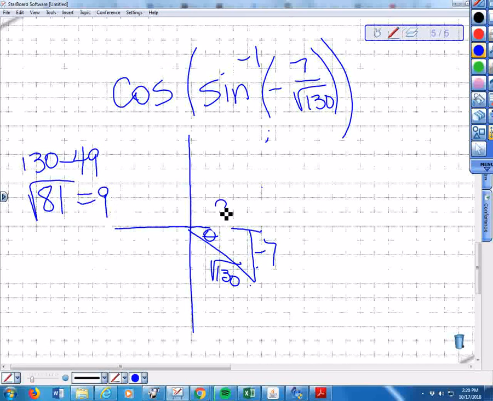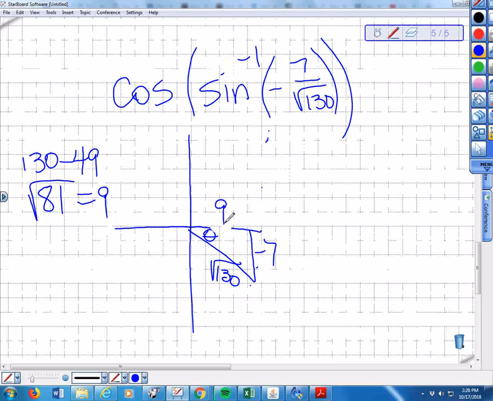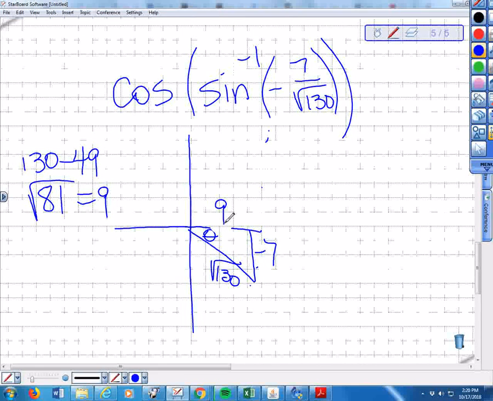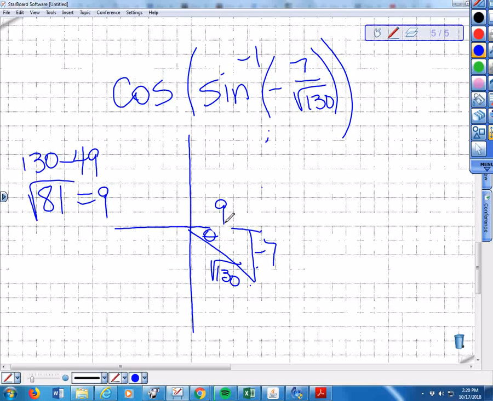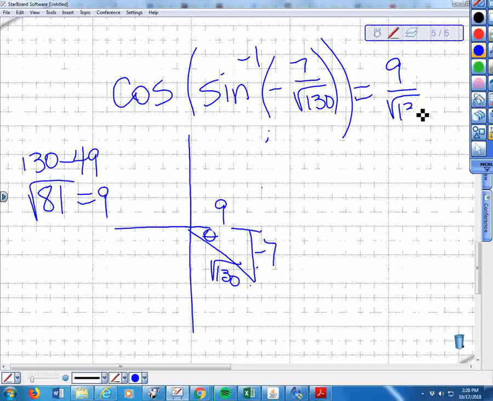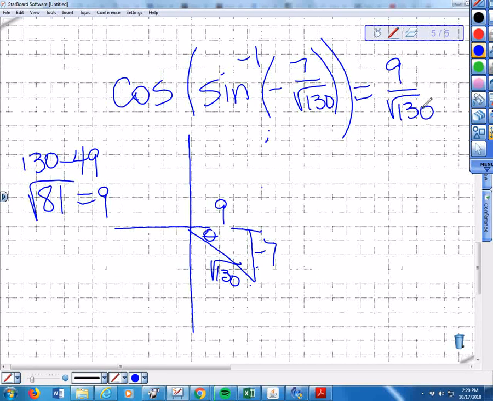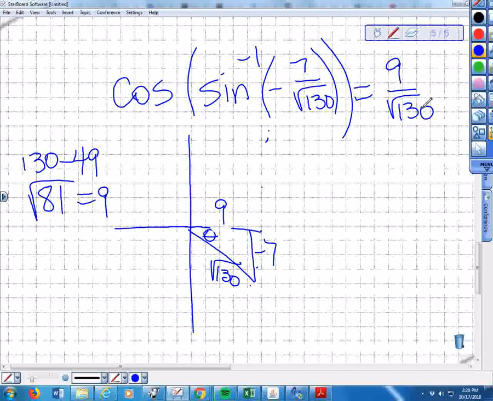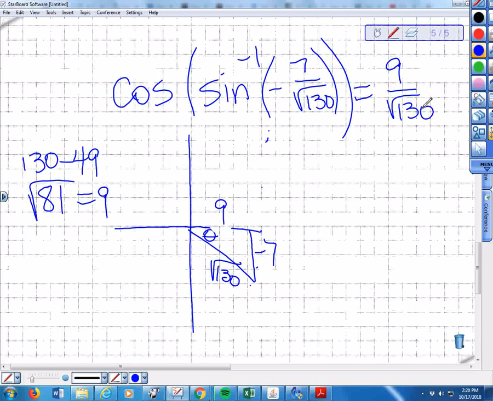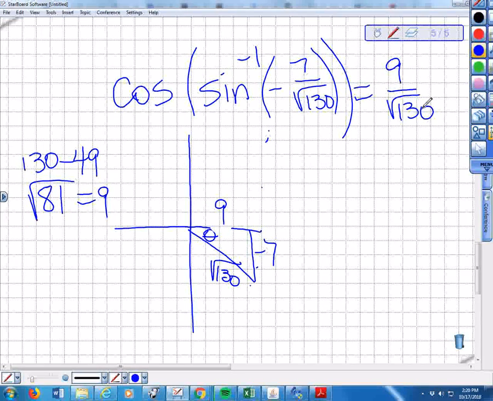So this is 9, just the inverse Pythagorean theorem. So cosine of arc sine of negative 7 over the square root of 130 is 9 over the square root of 130. Right? And it's positive because it's in the fourth quadrant.